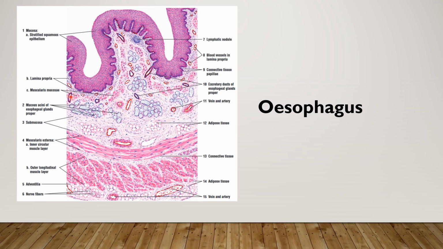This is a longitudinal layer of smooth muscle supporting your lamina propria. This is your muscularis mucosa, and here it is longitudinally placed, that's why you are able to make it out like this. So now this is the mucosa of the esophagus.